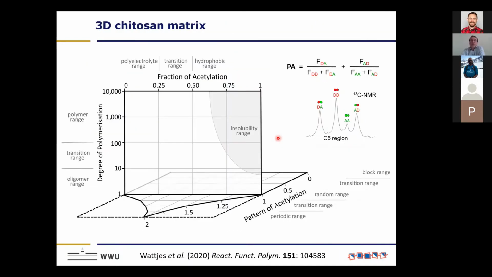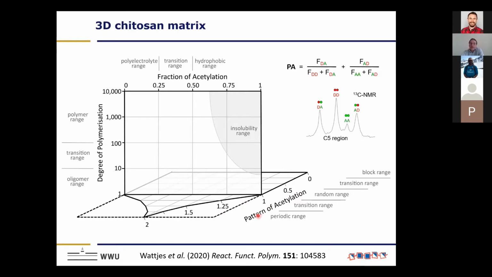Now, the problem is that today's chitosans are typically produced using chemical ways, and then they have a random distribution of the acetyl residues. So we would now have a 3-dimensional chitosan matrix in which we add the pattern of acetylation as a 3rd dimension.